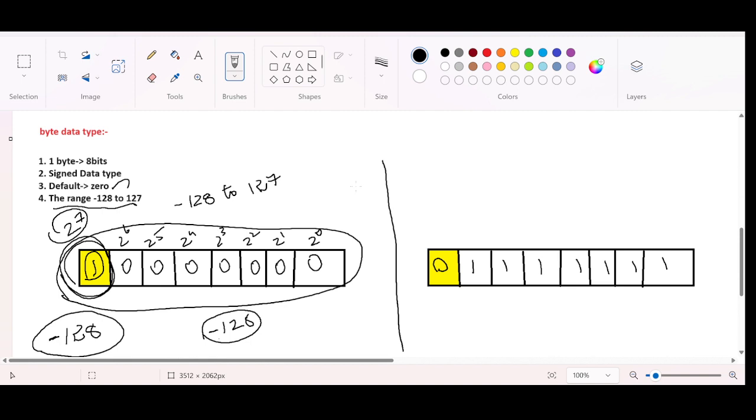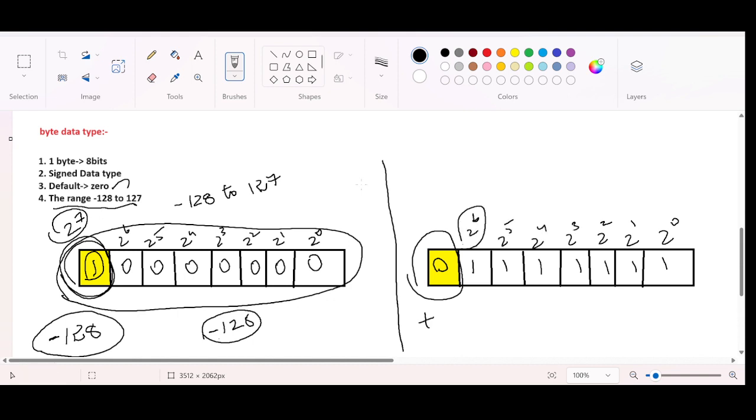Now the highest value. Again, the leftmost bit is going to get reserved for the signature, so in this case, plus. Just give the place values 2 to the power of 0, 1, 2, 3, 4, 5, and 6.